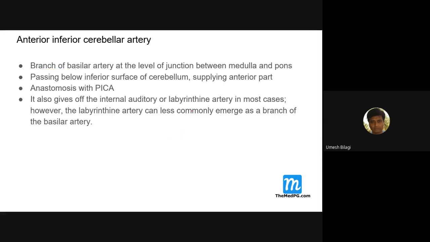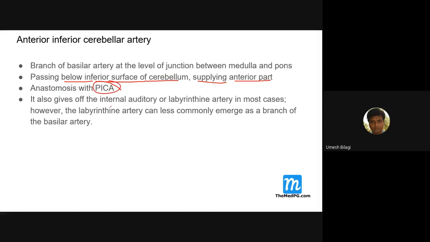They can ask you this question, maybe in anatomy. It is a branch of the basilar artery at the level of the junction between medulla and pons. At the junction, it comes out, passing below the inferior cerebellum, supplying the anterior part, anastomotic with the PICA.